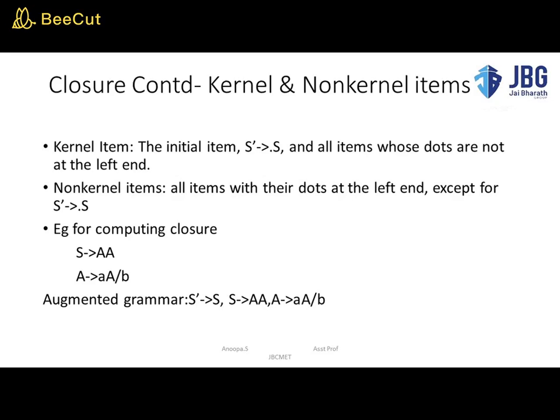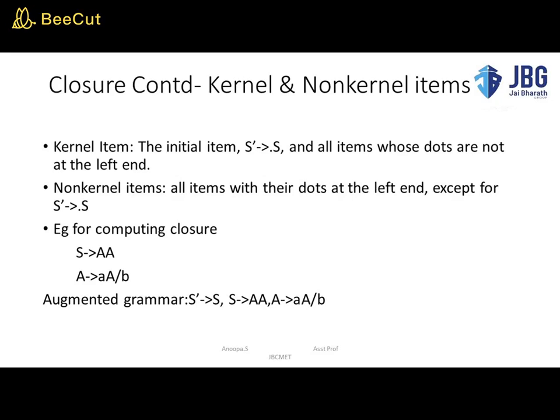So if I is a set of items for a grammar G, then closure of I is a set of items constructed from I by the two rules. Okay, to compute closure of I. What is I? I is a set of items. And what is an item? If we have a production with a dot operator in any particular position, then it is an item.